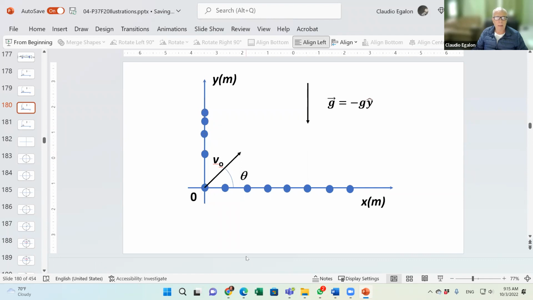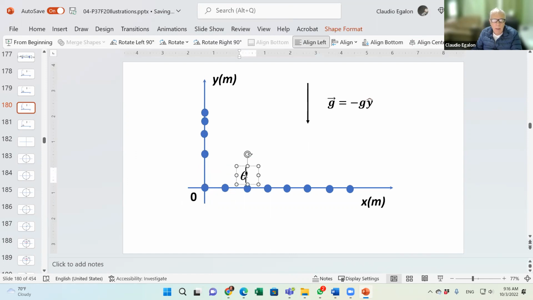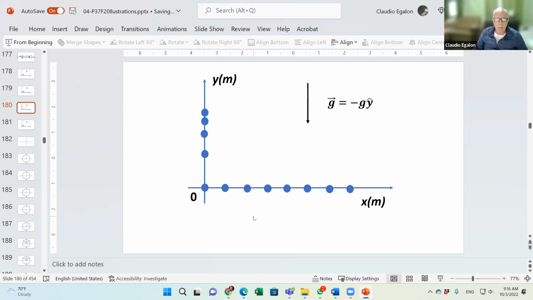Can you picture that? So here is, let's say, t equal to 0, and here is t equal to t1. I'm going to erase this here so it doesn't get in the way. So the resulting position of your object is going to be this point right here: Vx at t1, Vy at t1 as well.